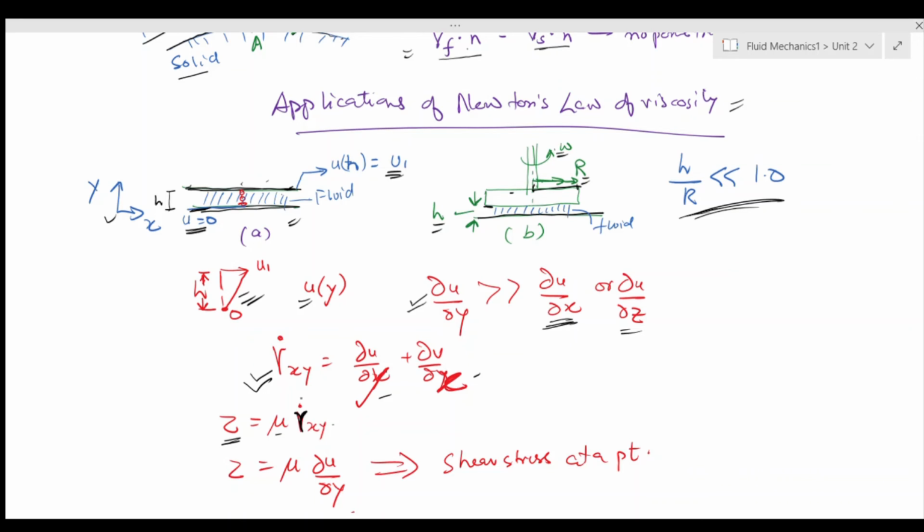Now because the gap is very small, the tangential velocity imparted to the fluid as a result of no slip condition has the largest gradient in the direction normal to the surface than in other two directions. So this is the same thing. So del u by del y is much larger than del u by del x or del u by del z.